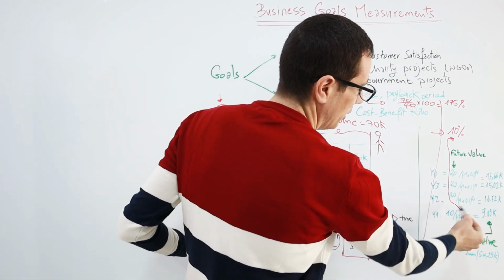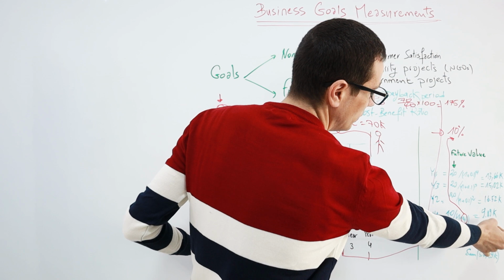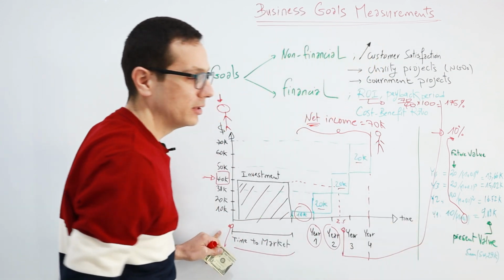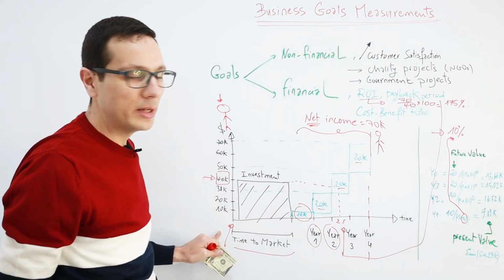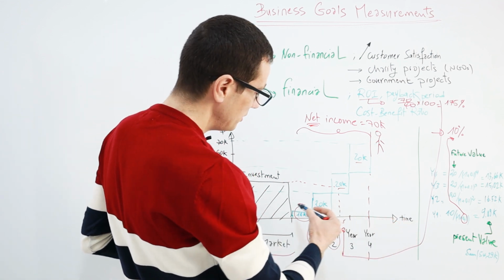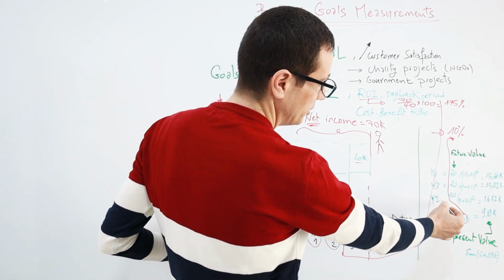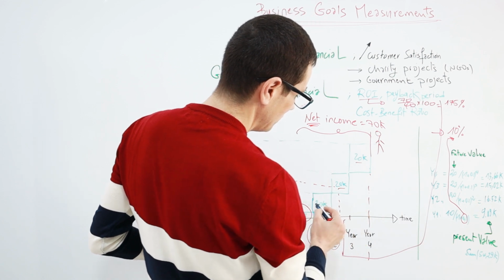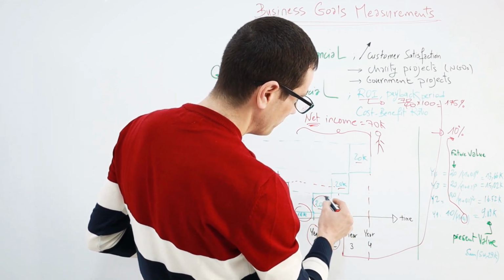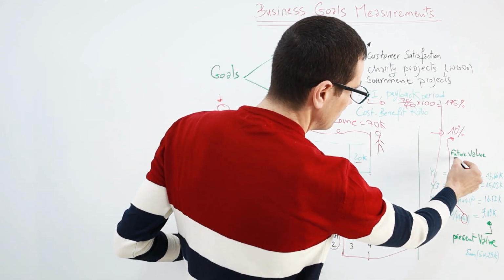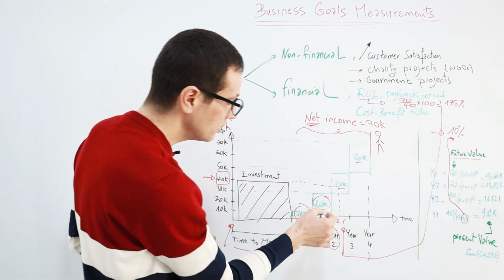And after doing the calculations, it will be 9.909K. And I did the same formula here for year 2, discounting this value, which is considered as the future value.